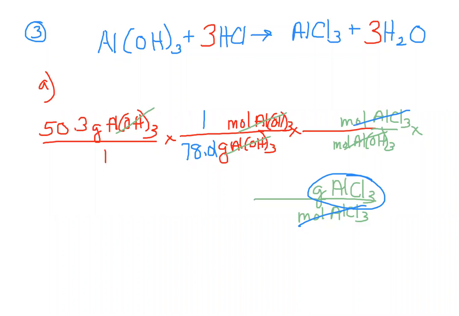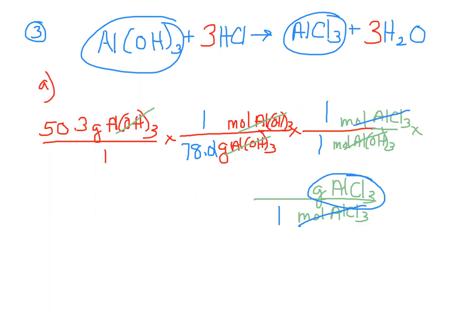Then these next ones come from your balanced equation. Look up here at your equation. What's the coefficient in front of AlCl3? 1. What's the coefficient in AlOH3? 1. Then down to this next one, it's grams and moles again. Moles always get a 1. The grams come from the periodic table. 1 aluminum, 3 chlorides.